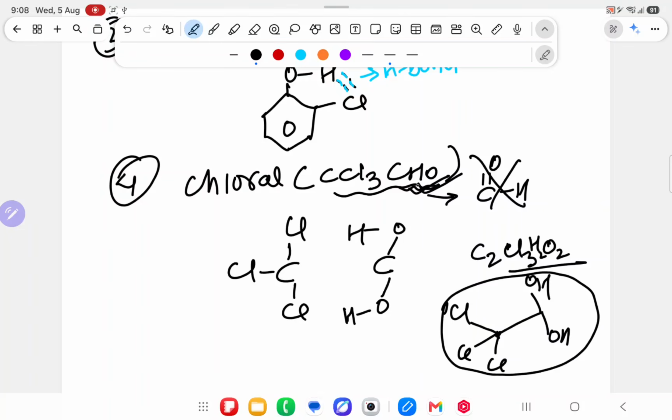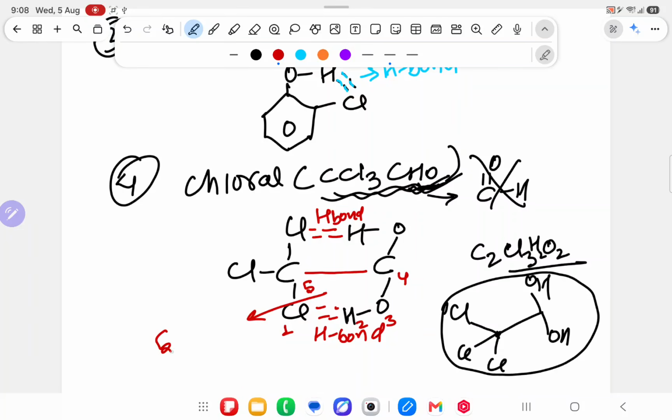But sometimes it is written like this, so don't get confused. Over here hydrogen bond, and here hydrogen bond. Someone will ask, how many membered ring is formed over here? So 1, 2, 3, 4. Sorry, over here also Cl. 1, 2, 3, 4, 5.